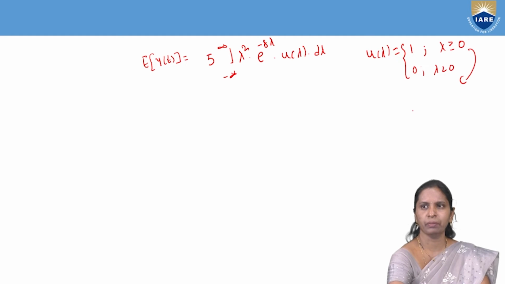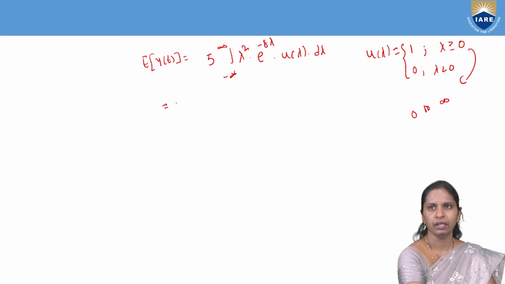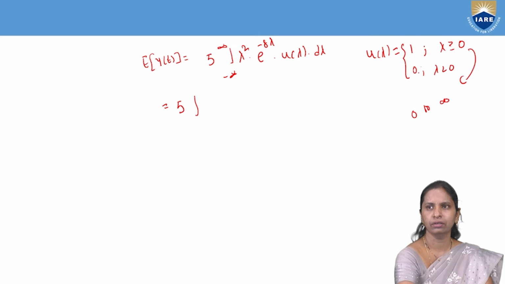So what do we mean by lambda greater than or equal to 0? It is nothing but lambda ranging from 0 to infinity. So greater than or equal to 0 means the minimum value is 0 and the maximum value here is infinity. From minus infinity to 0, what is the value of u of lambda? 0. So 0 into something, you are going to obtain 0 only.